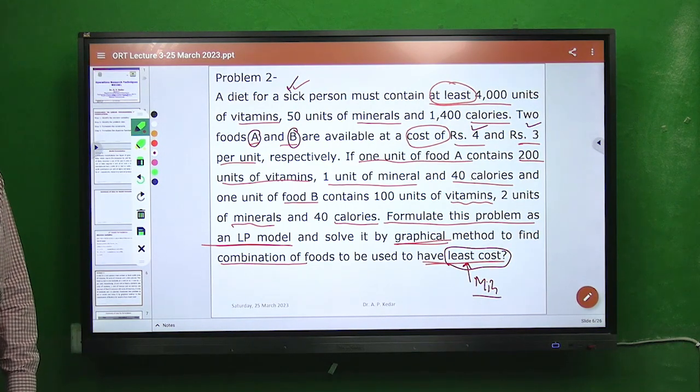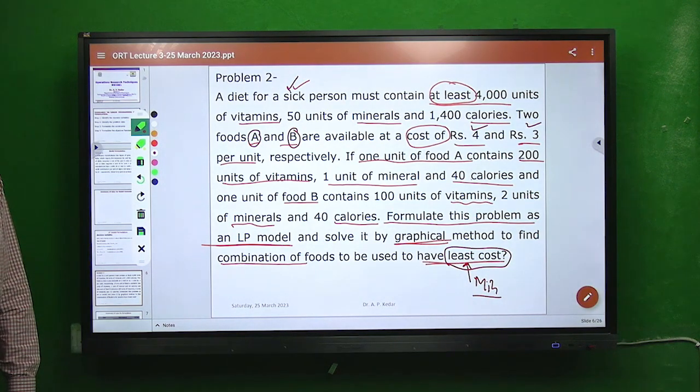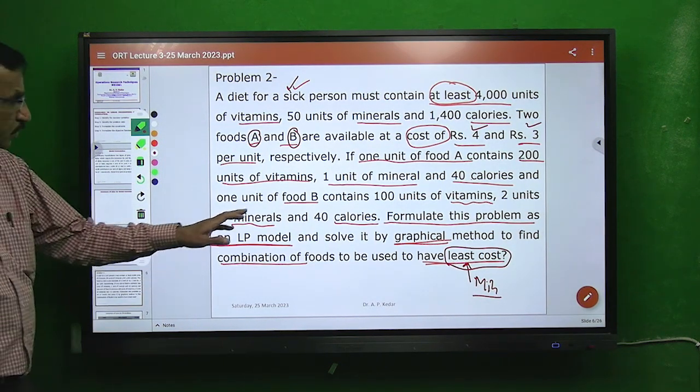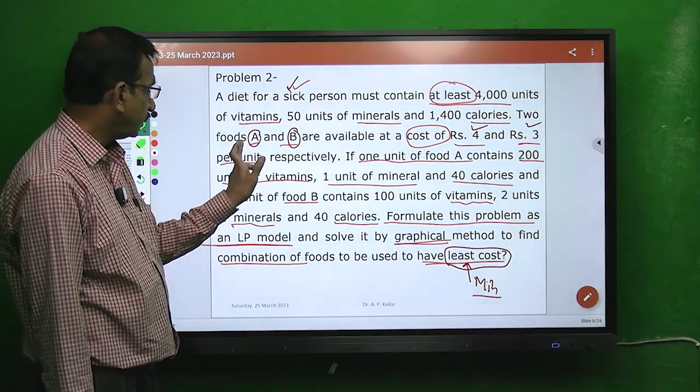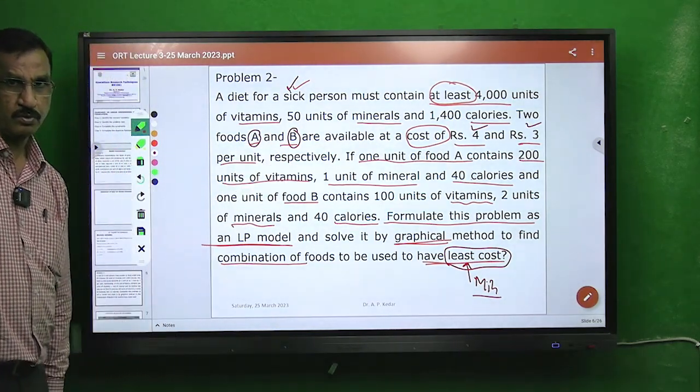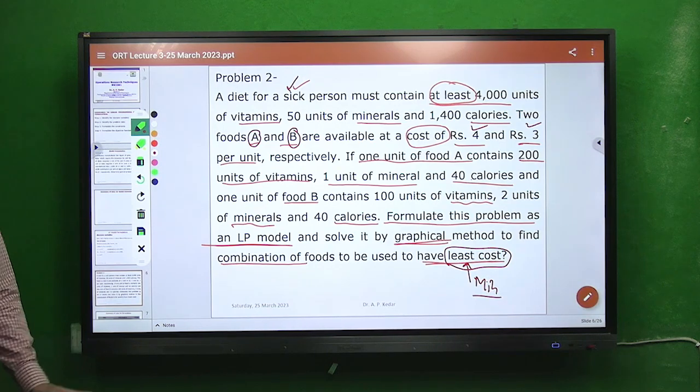So again, in summarized form we have to write the data, and based on that we can then find the values of quantities of food A and B. Like in the previous problem, here also we'll start with "let".